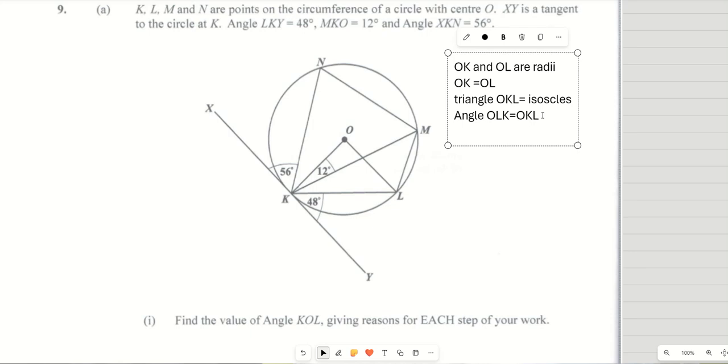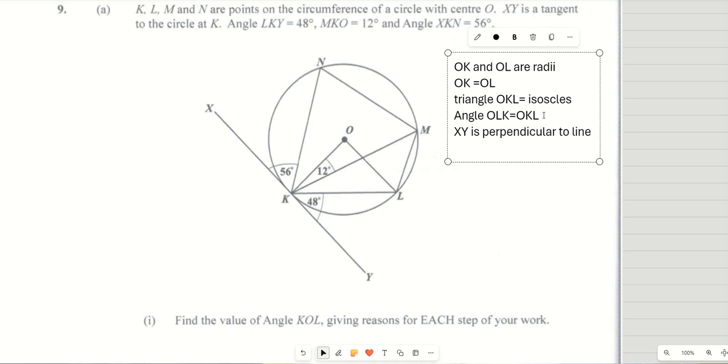We can also recognize that XY, the tangent XY, is perpendicular to line OK. Why am I saying that? Because any tangent line on a circle is intersected by a radius or the diameter of the circle at 90 degrees.